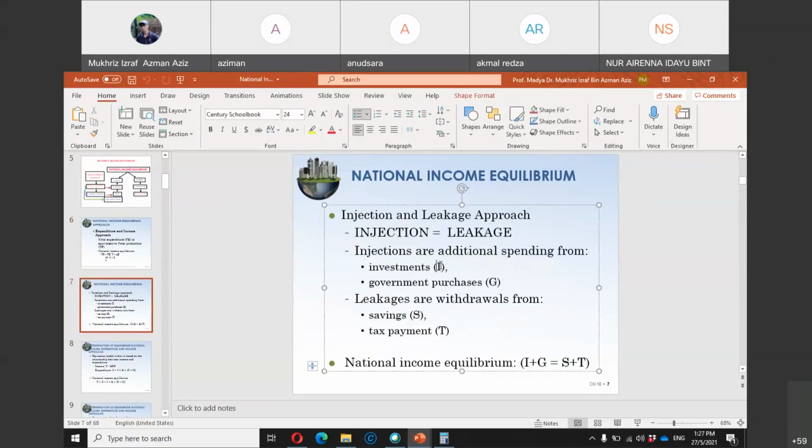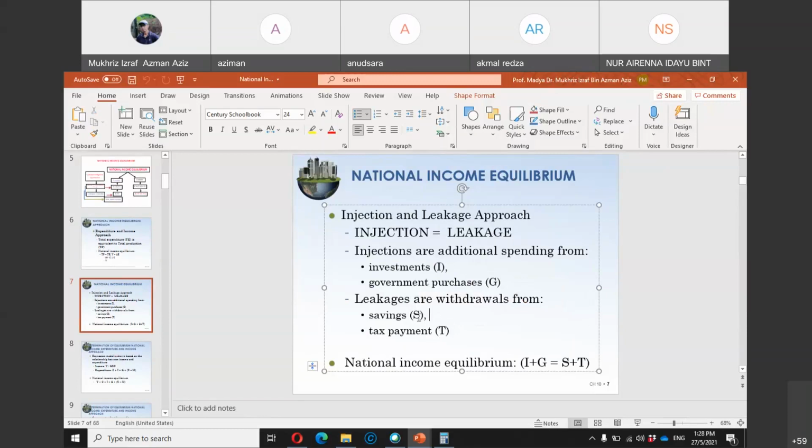Whereas leakages, money going out from the economy, are T and S. Savings means money is taken out, because when you put money into the bank, the money is not spent. So that is also a form of leakage. And also tax payment, because when we pay tax to the government, it is a form of leakage from the household perspective, meaning that we have less money to spend when we pay tax. The same goes for savings.